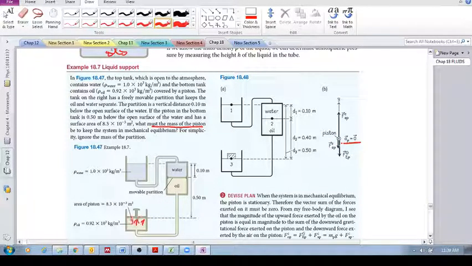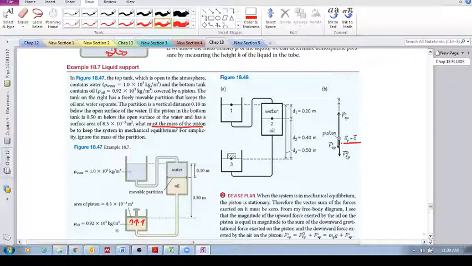There's pressure in the oil pressing up, and this is applying an upward force. And then you've also got gravity pulling it down, the force of gravity pulling the piston down, and you've got atmospheric pressure also being applied down on the piston. I hope that makes sense. You've got those three forces.